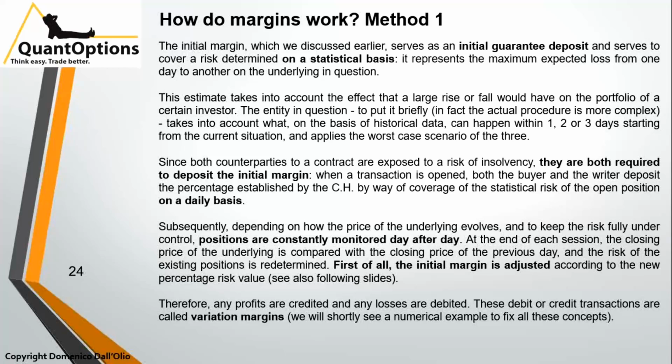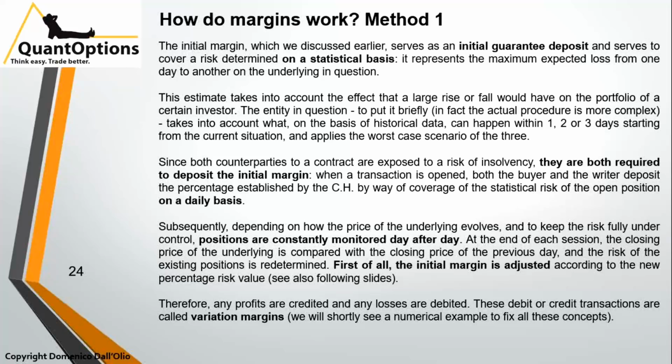This estimate takes into account the effect that a large rise or fall would have on the portfolio of a certain investor. The entity in question, to put it briefly, takes into account what, on the basis of historical data, can happen within 1, 2, or 3 days starting from the current situation, and applies the worst-case scenario of the 3.